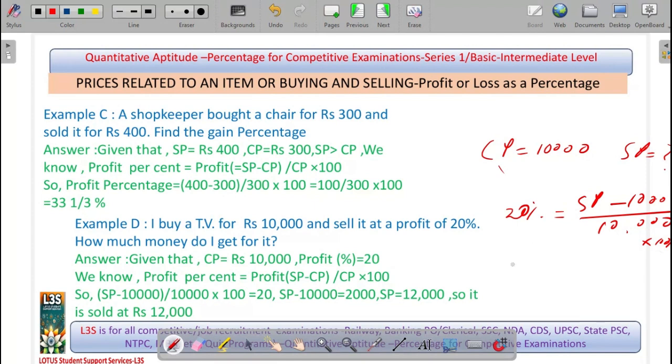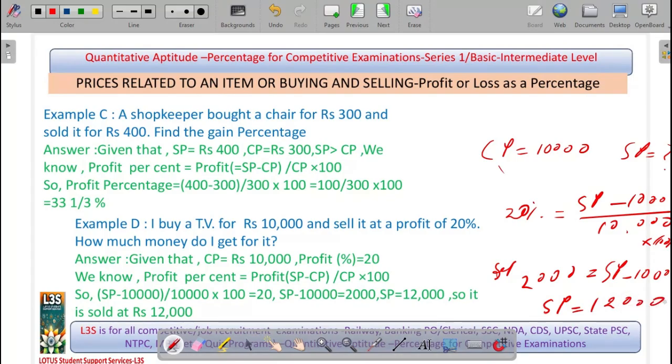So 2000 equals SP minus 10,000. So SP will be equal to 10,000 plus 2000, 12,000.